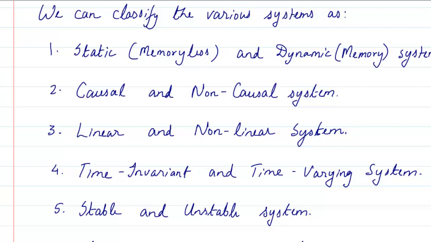The second type of classification is a causal system and a non-causal system. I will define each of these terms in detail next, but generally a causal system is a practical kind of system that can be made, whereas a non-causal system is not a very practical system.